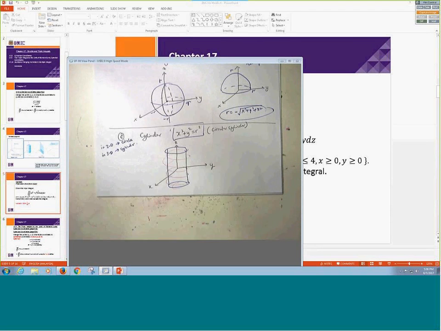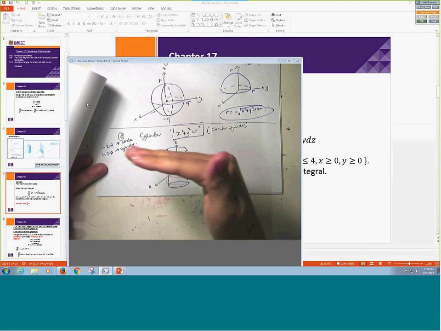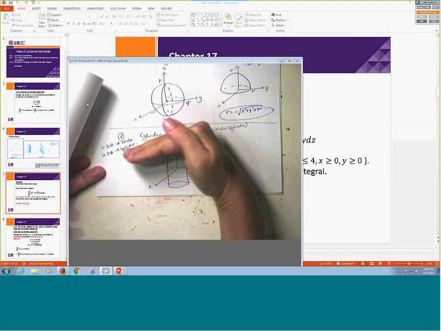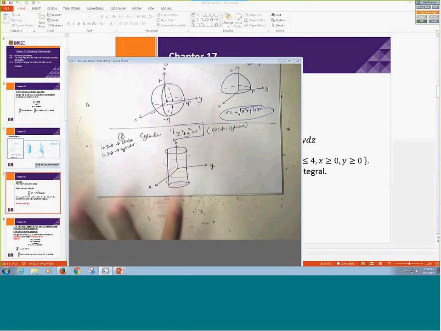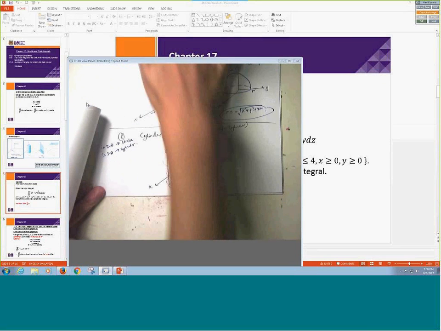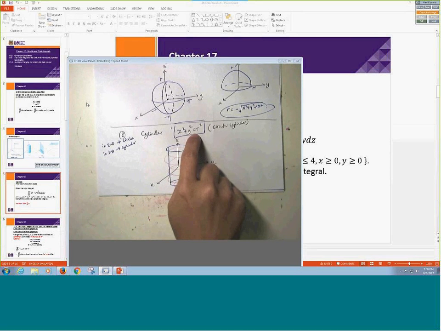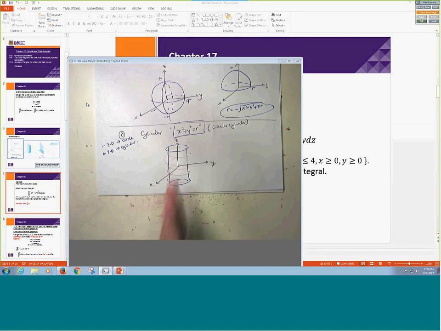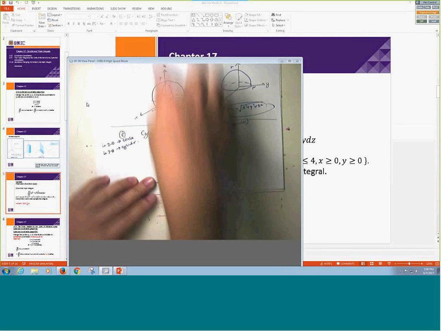So when you have to sketch the solid, normally the cylinder represents the surface here. It will be covered maybe by something up and something at the lower part. If not, it will be infinity up, infinity down, because there is no z here. So the cylinder is the curved surface, up and down.